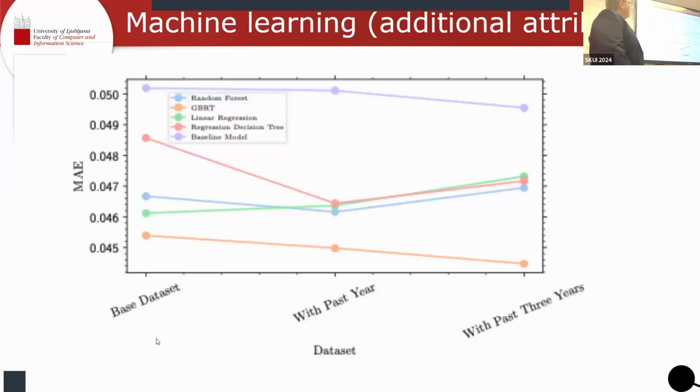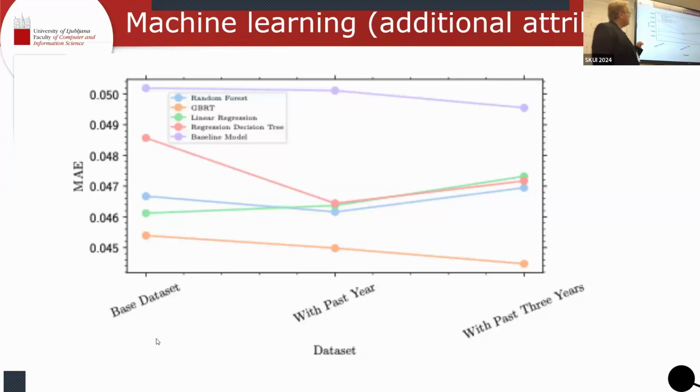Another experiment was done only for the last year, and here we included also data from previous years. So for a certain person, let's say for predicting for 2022, we also used another set of attributes for the previous year, or even for the previous 2 or 3 years.